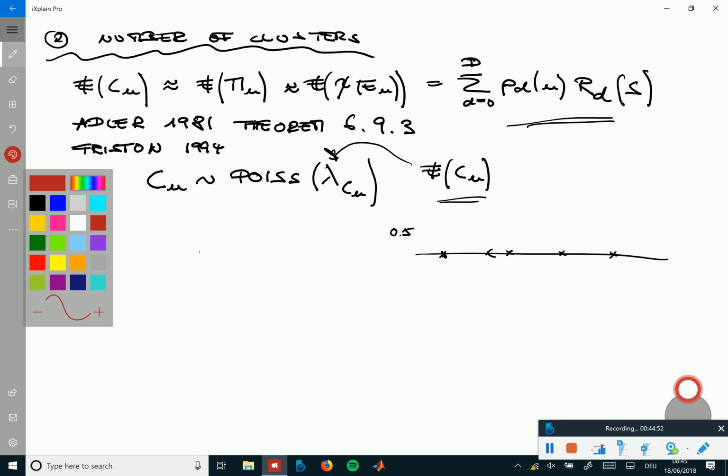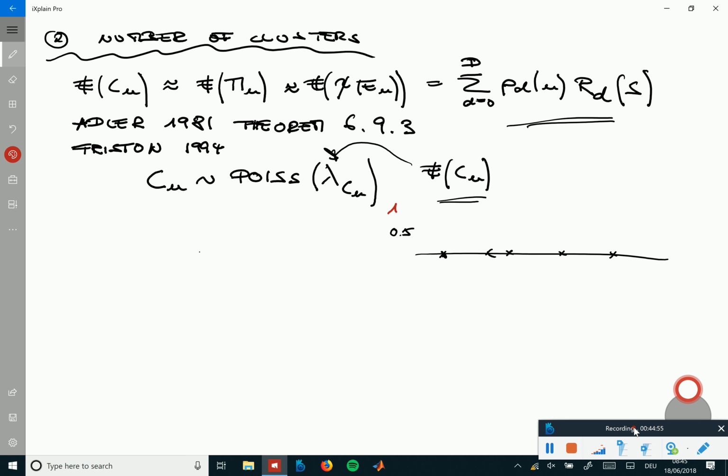And if you have a higher rate of occurrence, let's say 1.5, you can also view it as that many occurrences over 0.5, then you need to invert it. But if you have a higher rate of occurrence, you will get something, not too surprisingly, like this. And again, in the spatial layout there's no dependency, but the rate of occurrence is higher. So this is what a Poisson distribution does, and this is how the number of clusters is distributed.